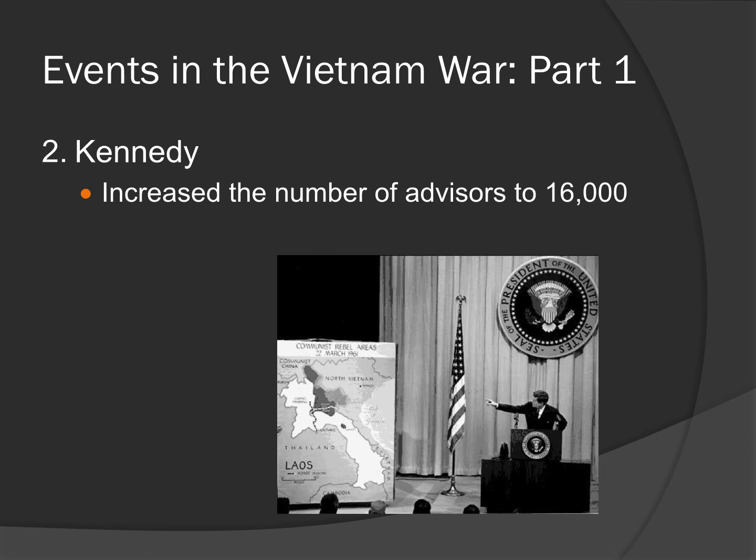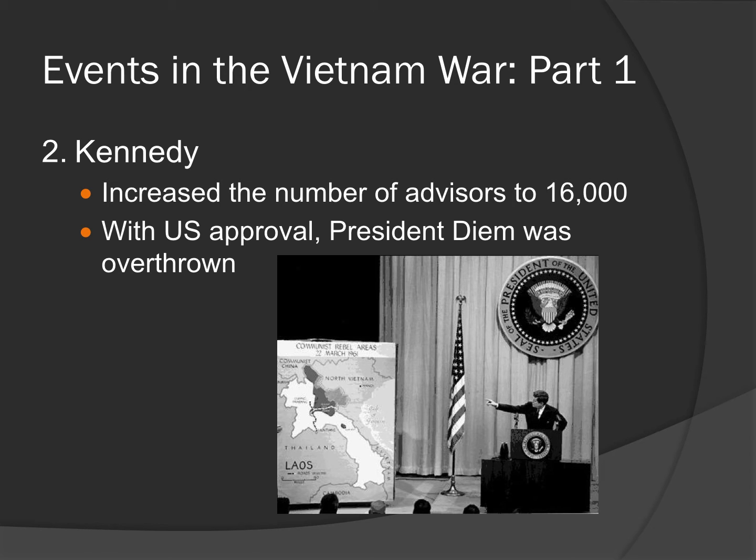And Kennedy increased that number of advisors to 16,000, right? Which gives you a sense that things were not going well for South Vietnam. And we know from reading the textbook that President Diem led a pretty corrupt, brutal government, and the army was very ineffective.